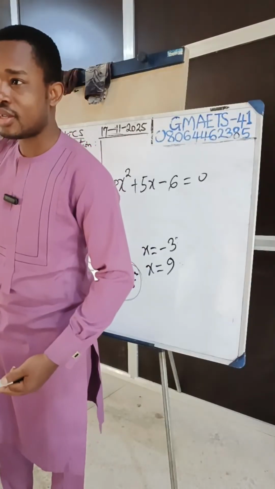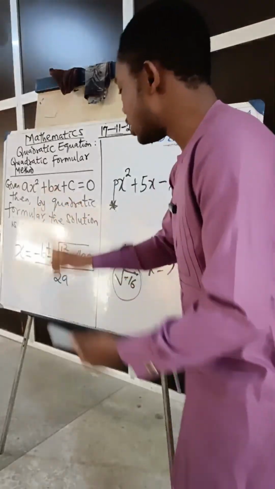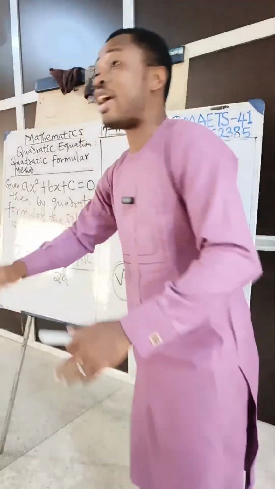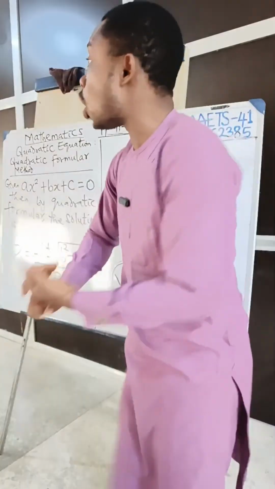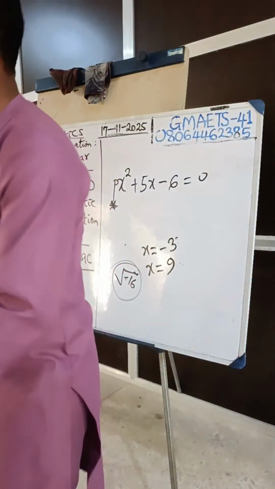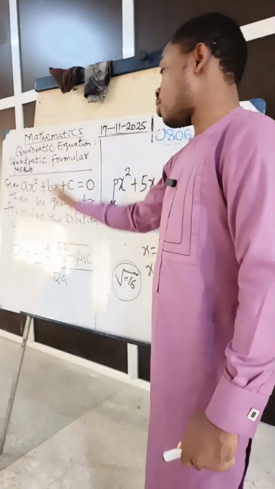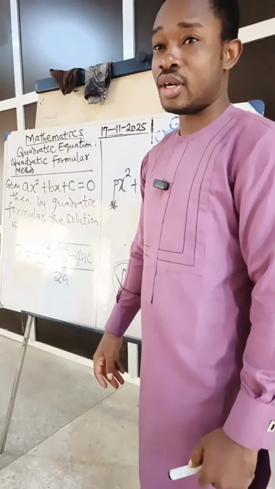Is that okay? Now, all these types of roots of the equation, all these types of final values of x: real and unequal roots, real and equal roots, and then imaginary. How do we get to know that a particular equation will give you real numbers that are equal?